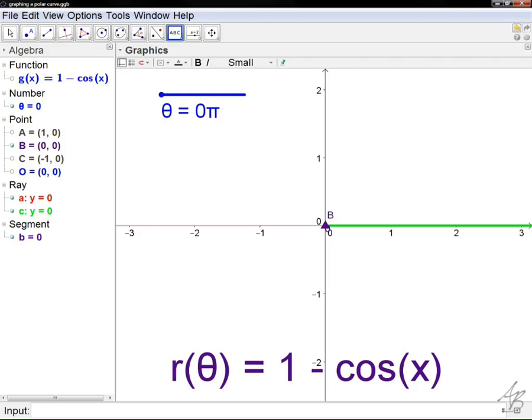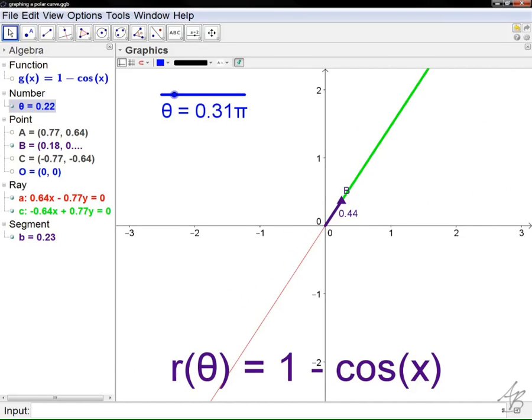Right now, when theta is 0, if we plug 0 in for the cosine of theta right here, cosine of 0 is going to be 1, and 1 minus 1 is 0. So when theta is 0, r is going to be 0. So let's look at what happens when theta increases. I'm going to increase theta to pi over 2, or 0.5 pi.